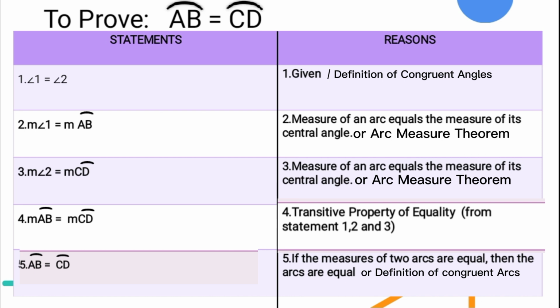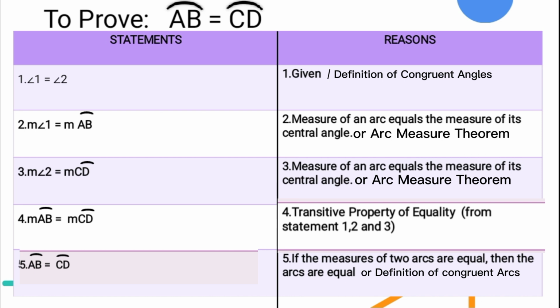Number 3 is the same as number 2, which is that the measure of angle 2 is equal to the measure of arc CD. Earlier in number 2, the measure of angle 1 is equal to the measure of arc AB. So now we use the transitive property of equality that I discussed earlier, using statements 1, 2, and 3.